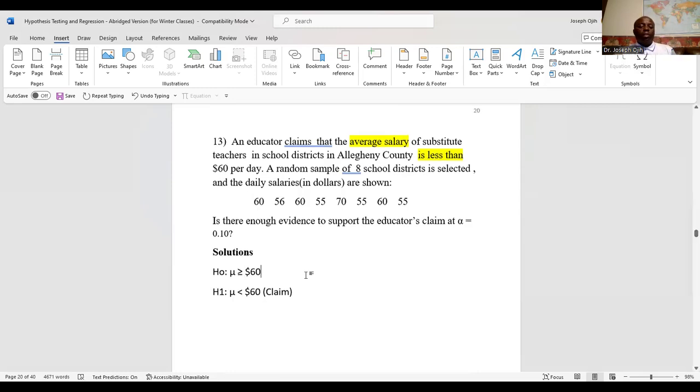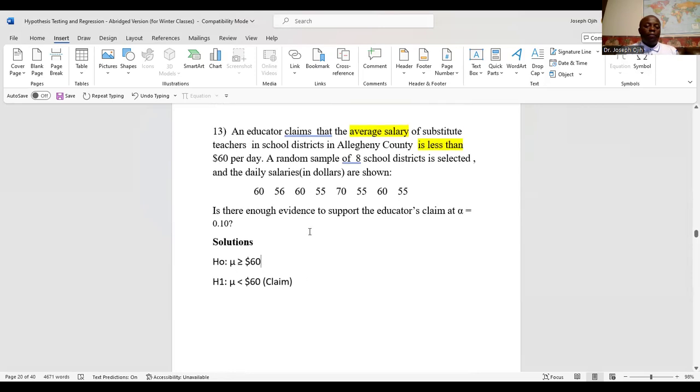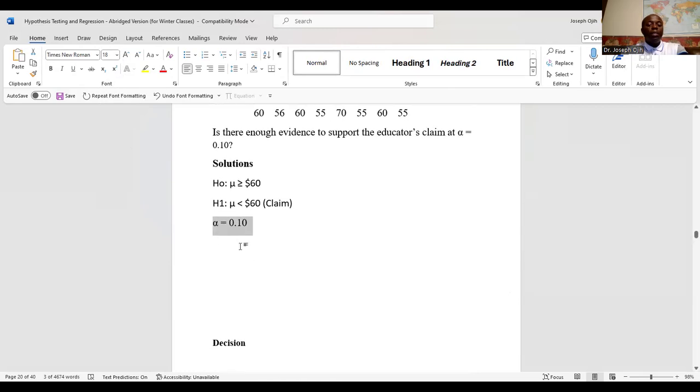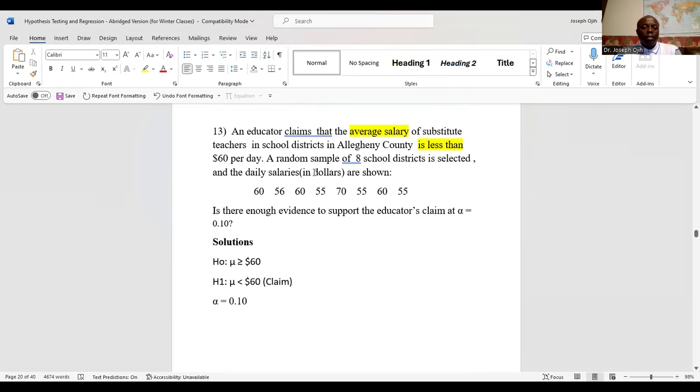Now let us find our alpha. It says test the claim at alpha 0.10.